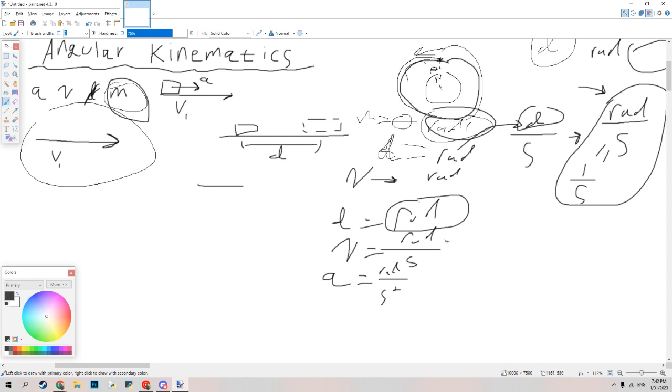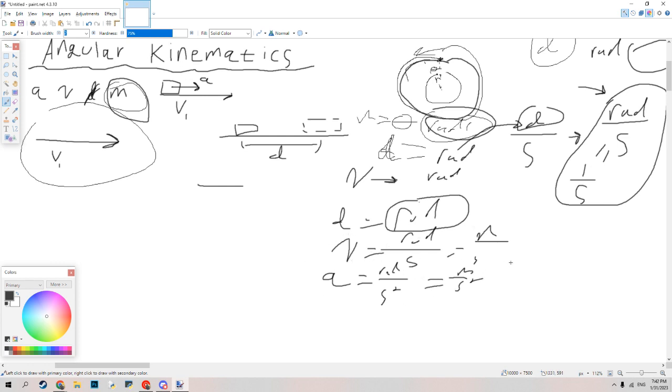On the subject of velocity and acceleration, since this isn't technically equal to velocity, because velocity would be written as meters over seconds, and acceleration would be meters over seconds squared, we get to give these a new name.